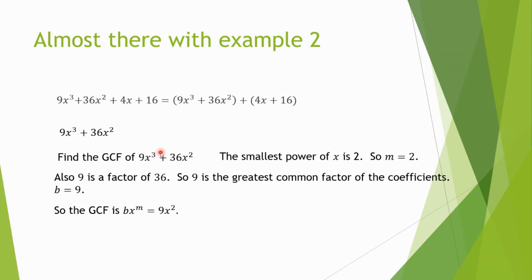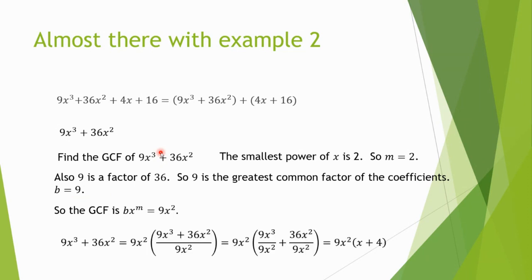Okay, now that we have that, we factor it out. And as before, you put it in front, you divide, you have a sum here. So you divide into each term in the sum, as you can see. And then we get this, right?